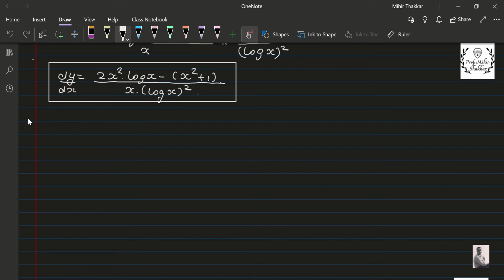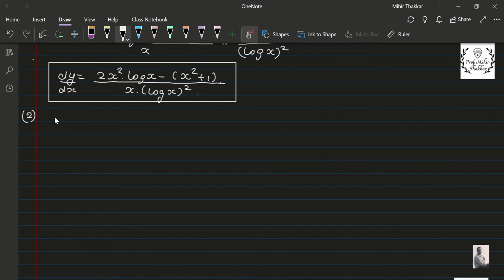Example 2. I'll take an example which is a combination of the multiplication and the division rule, so that you understand how we have to apply the formula in this kind of question.